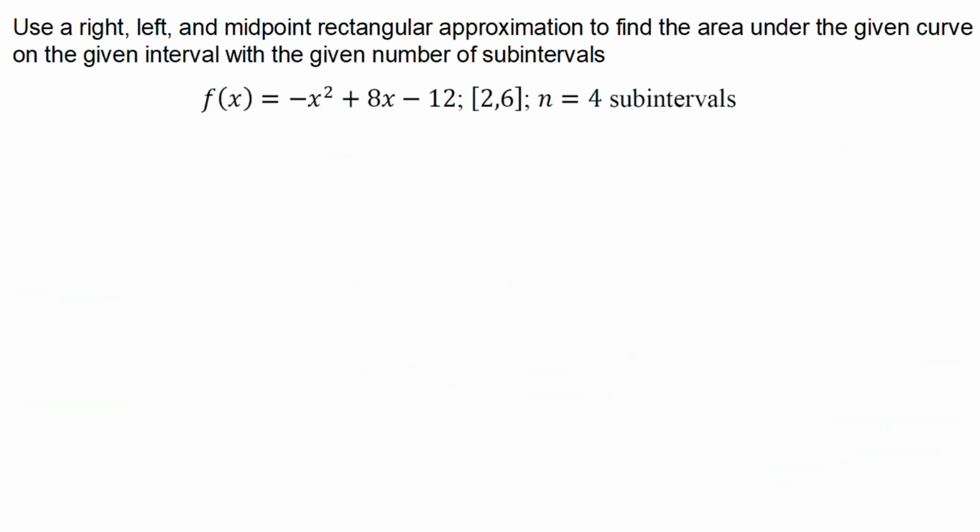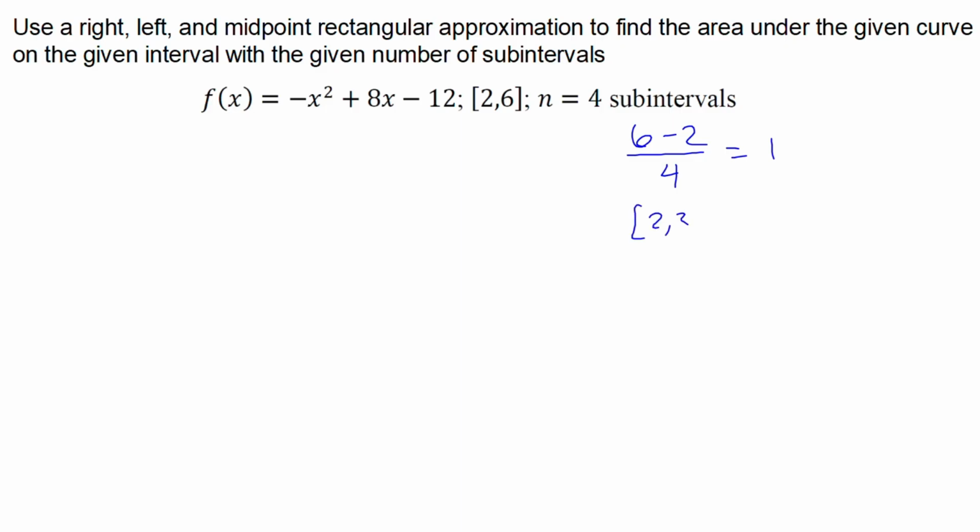So for our next one here, we're just looking at a new function, negative x squared plus 8x minus 12 on the interval from 2 to 6 this time. And so we've got 4 subintervals. Again, if we take b minus a and divide it by n, our number of subintervals, we just get 1. So the length of each subinterval is 1.